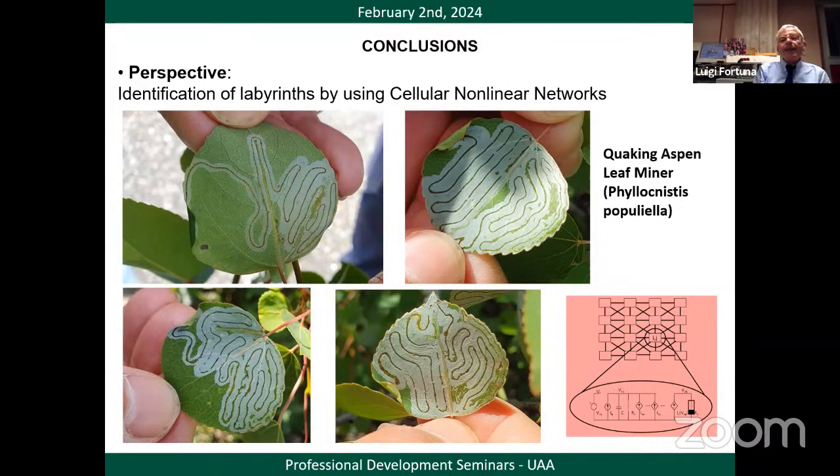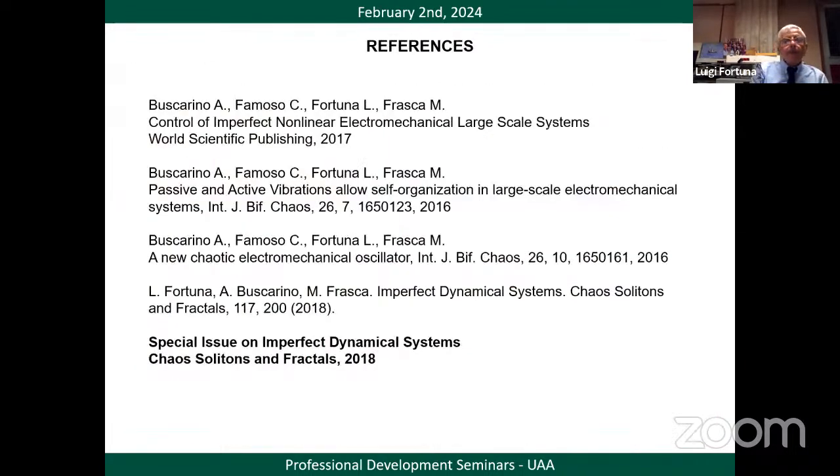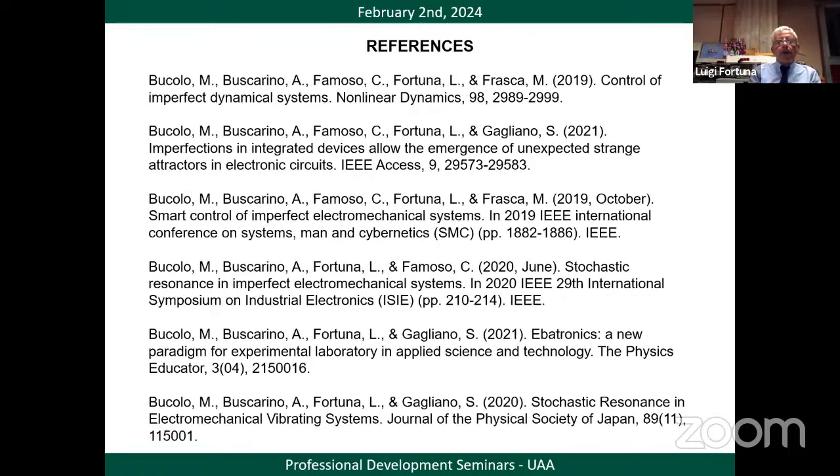So we were stimulated by the observation that we made in Anchorage, myself and Professor Buscarino, to try to classify this leaf by using cellular nonlinear networks, which are based on the concept that I previously discussed in this talk. These are the references on this topic, and now I thank you for your attention and for giving me this opportunity.